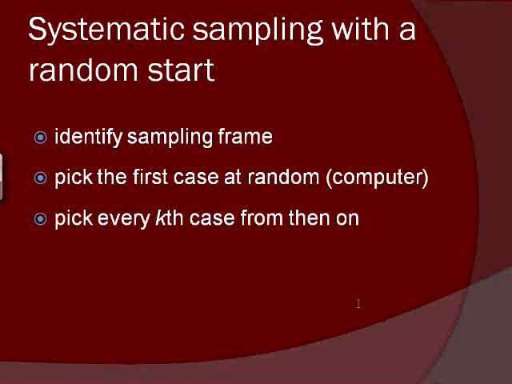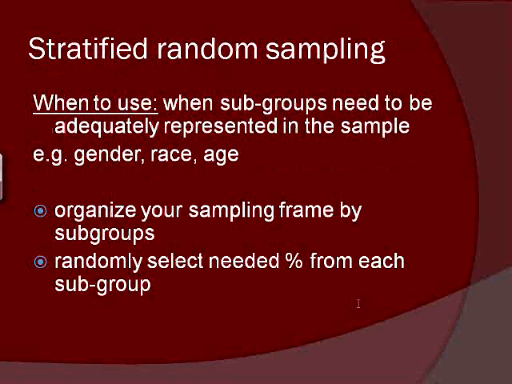Every 10th will be selected from the sampling frame, and that will give me 100 numbers or 100 cases. And sometimes we use this method, although, if you do have a valid sampling frame, then typically simple random sampling is preferred.